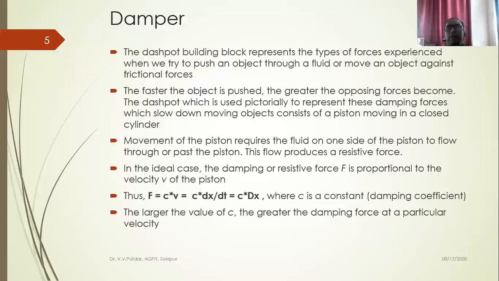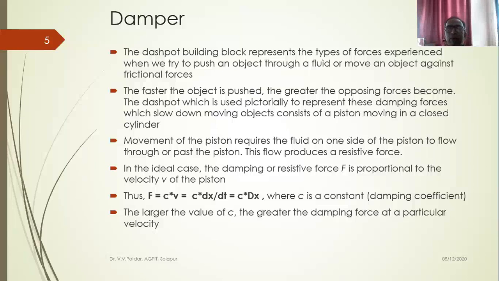As I said, in a translational mechanical system, I can either have a damper proper, a fluid-filled shock absorber, or I will have damper-like elements like an inflated tube, like a sponge, or any lubricated joint, or a journal bearing having grease. So all these are examples of damper-like elements. Though not dampers, they are damper-like elements.